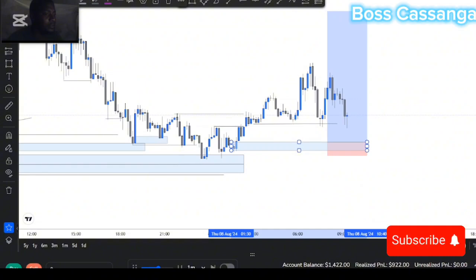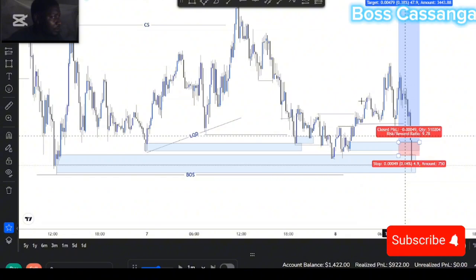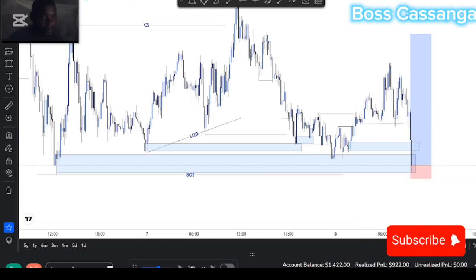Okay, let's see this one. The market came to touch my 50%. I could have also taken a trade here. Let me see. I'll take this trade and place in 2 lots. Buy. Okay, now let's place our stop loss.